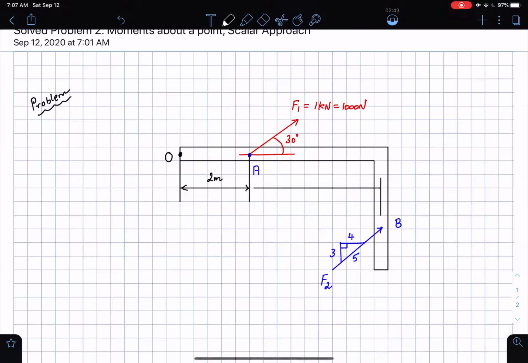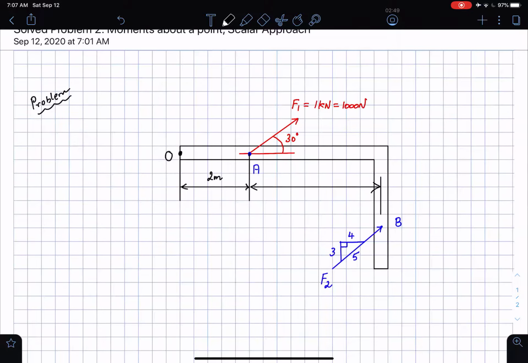Obviously my drawing skills leave a lot to be desired, because this is not drawn to scale. This is a distance of 1 meter. I'm just going to put a disclaimer here before somebody accuses me: not to scale. That's something I want to let you know.